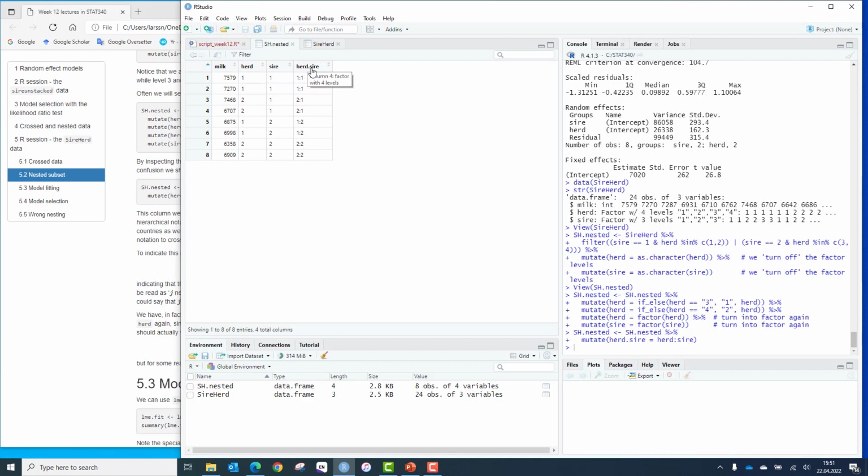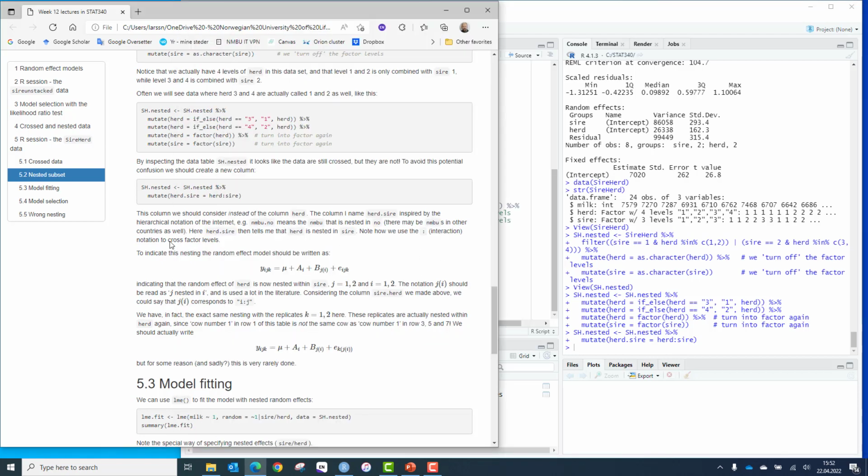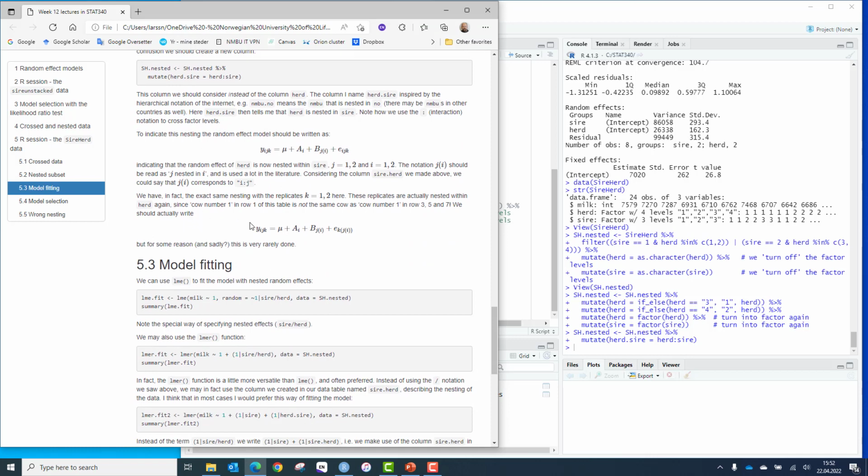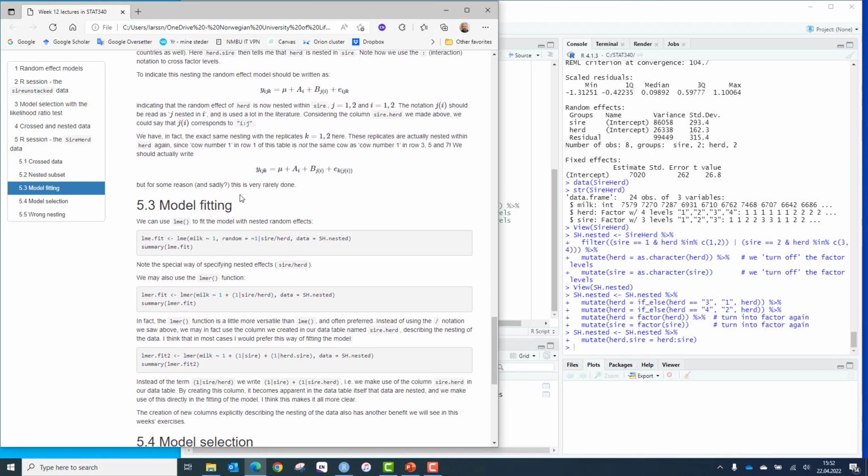It's herd nested in sire, and here we can clearly see there are 4 herds in this data set. There are 4 different levels of this factor. This is not clear in this column here. So think about that. Keep things simple.